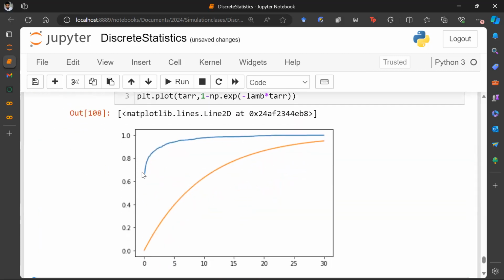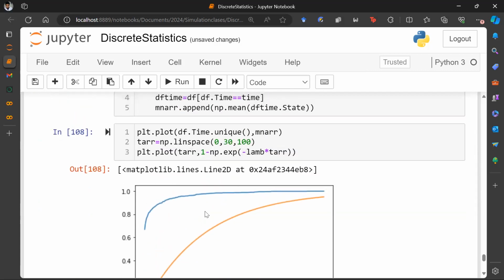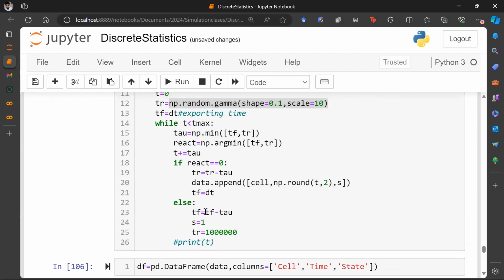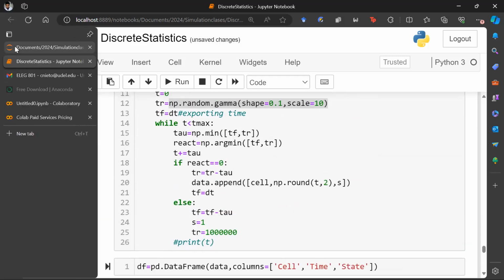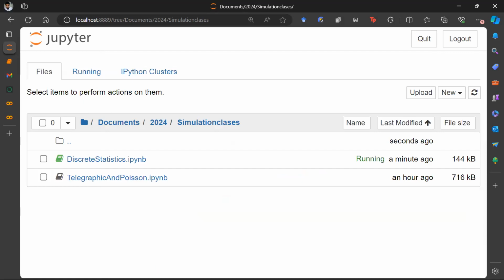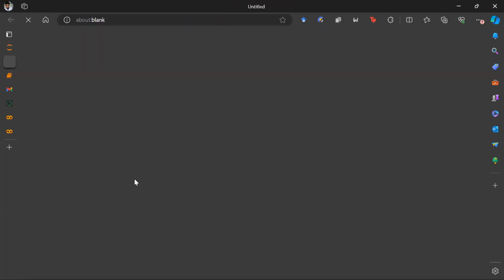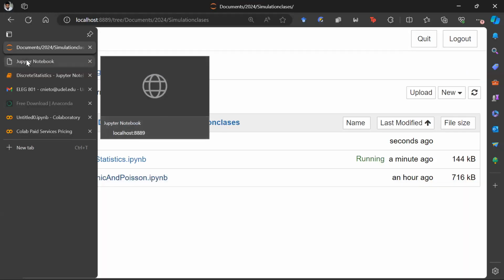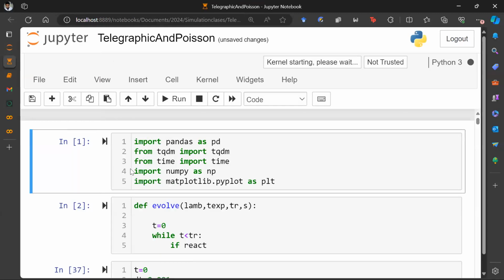So now this is the mean. It's going to be something different, but this algorithm works for any other distribution. Before ending, I wanted to do more, but let's see this quickly, and we'll finish in the next session for this telegraphic and Poisson.